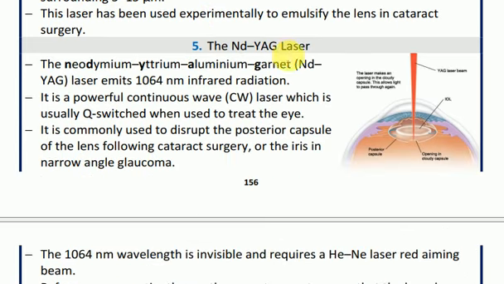Nd:YAG laser, which is most common, neodymium yttrium aluminium garnet, emits 1064 nanometer infrared radiation. It is a powerful continuous wave laser, usually Q switched when used to treat the eye, to disrupt the posterior capsule of the lens following cataract surgery or the iris in narrow-angle glaucoma.